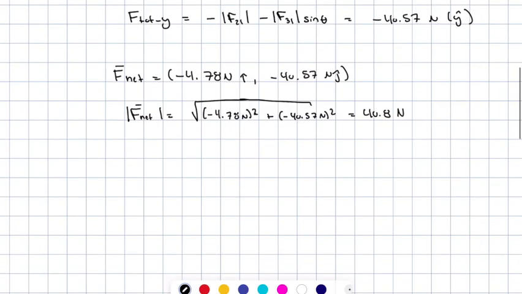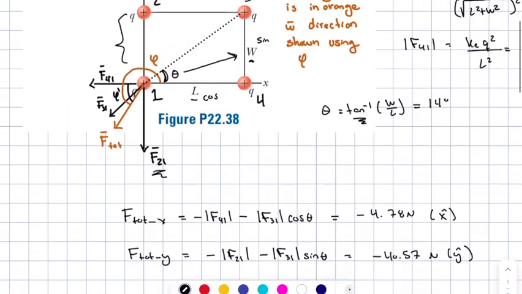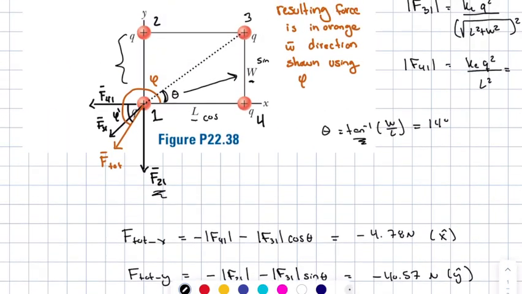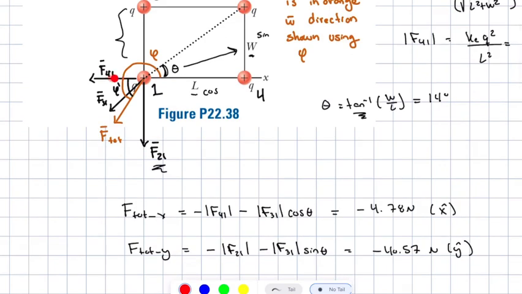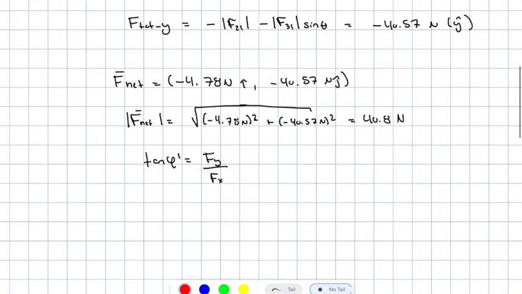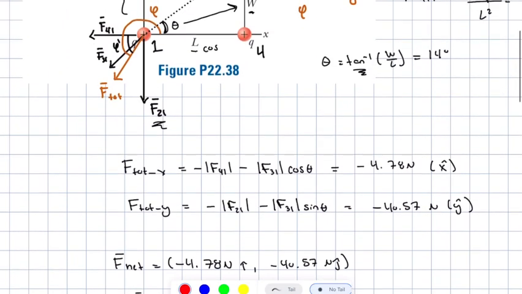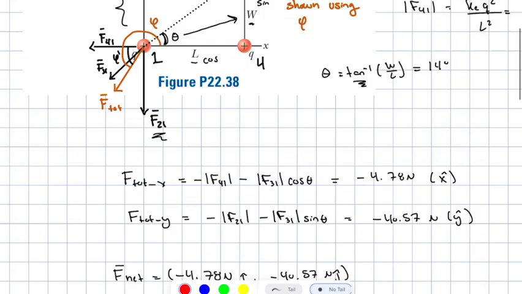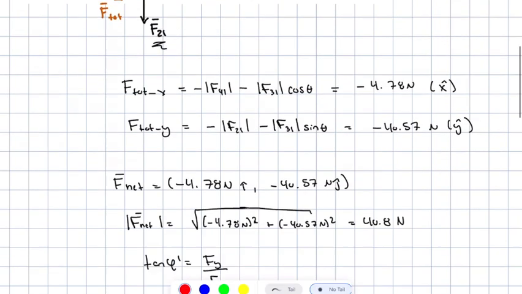And then I want to know what phi prime is, so I'm going to say tan of phi prime is equal to Fy divided by Fx. The reason why I do that is because I want this angle, and I already know what the Fy and the Fx components are here. So it's pretty easy for me to figure out what the angle is if I know what this is and I know what this is.